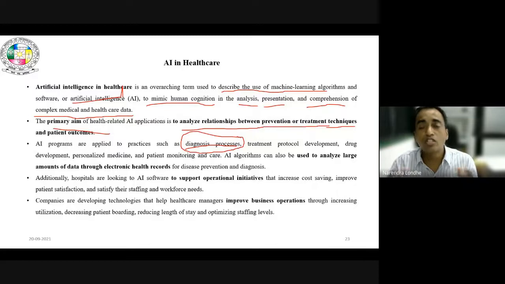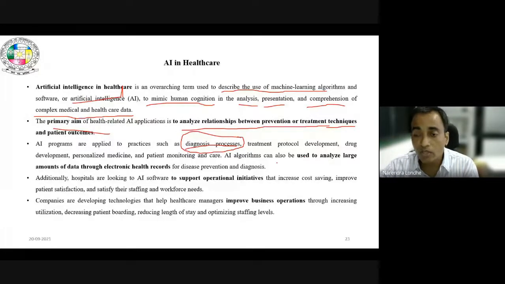If you see the medical data available, like MRI or CT, those data are very challenging, because there is no ability in that data to distinctly show the disease part. I will show you some examples related to that.